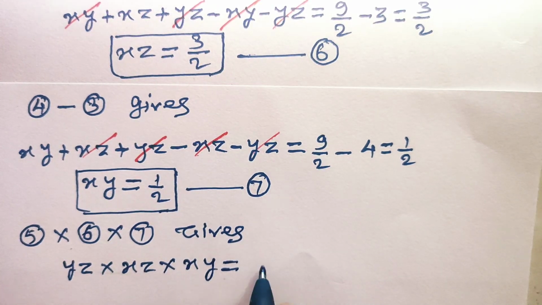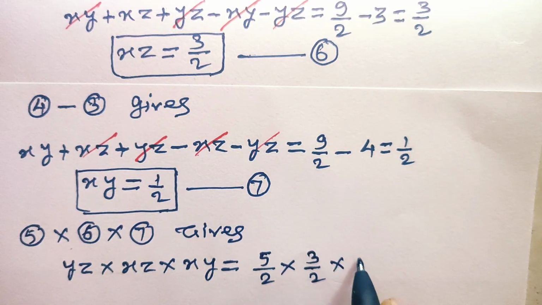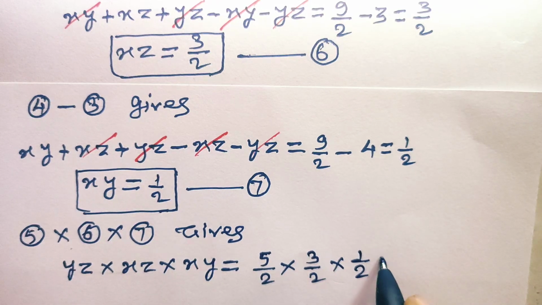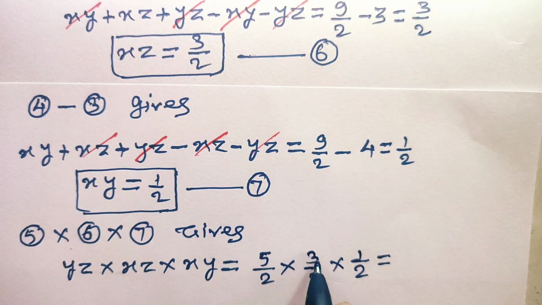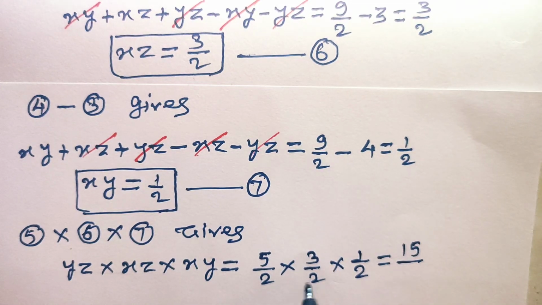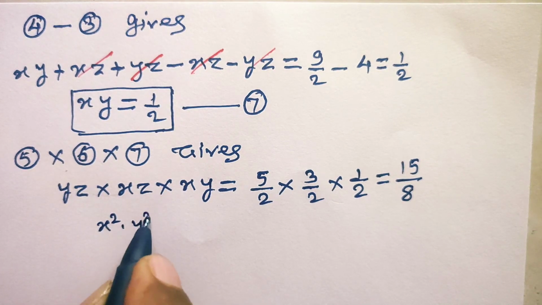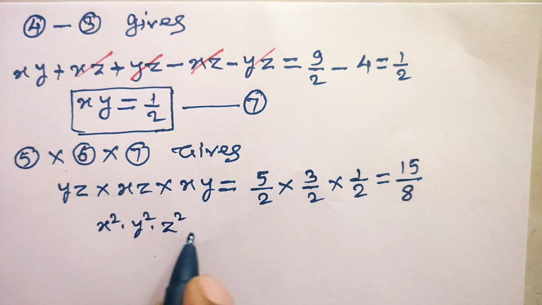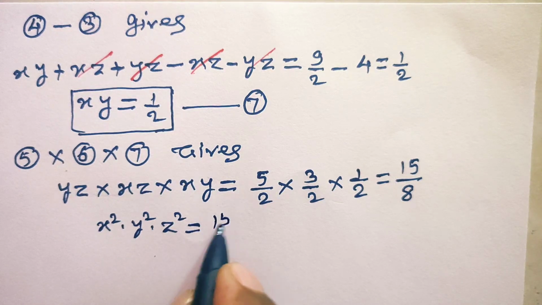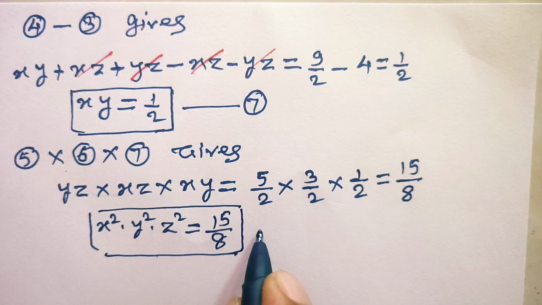This is equal to 5/2 into 3/2 into 1/2, and this is equal to 5 into 3 into 1, 15, upon 2 into 2 into 2, 8. Hence x² y² z² is equal to 15/8. Consider this is equation number 8.